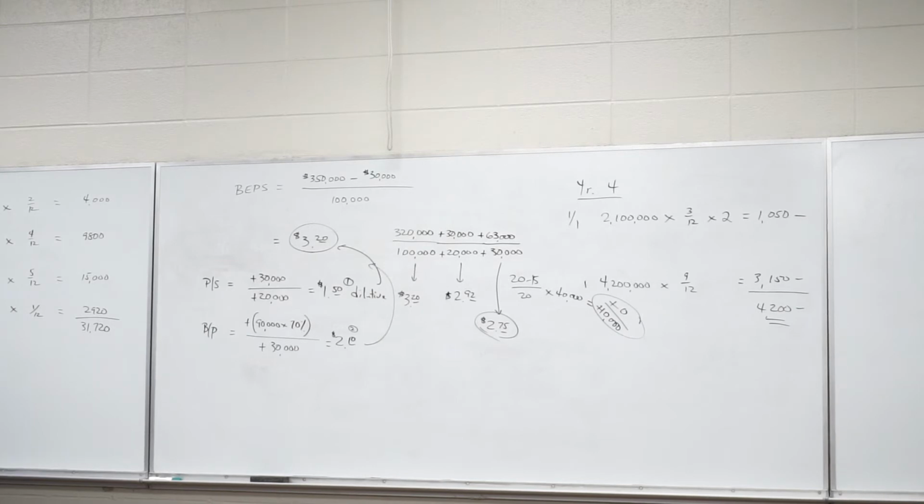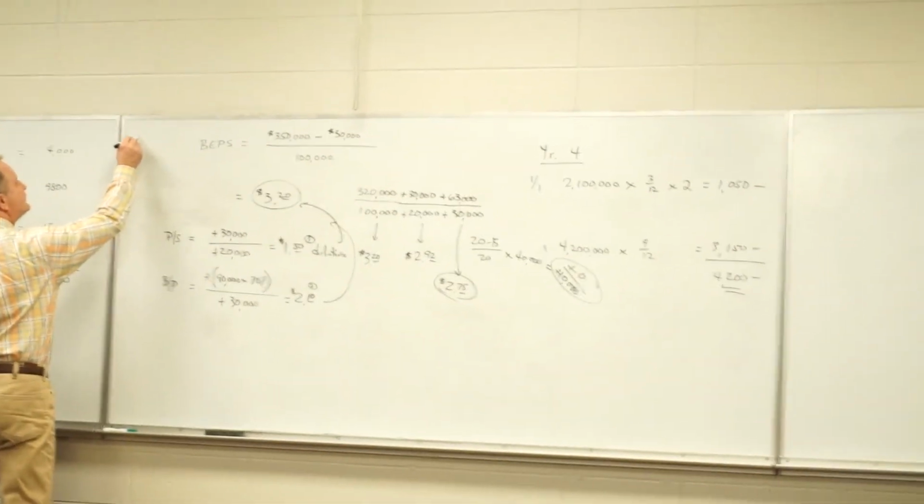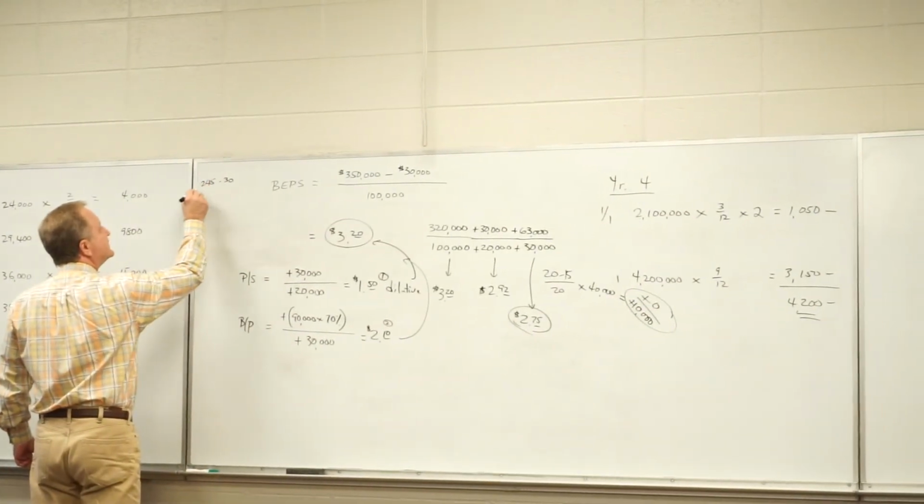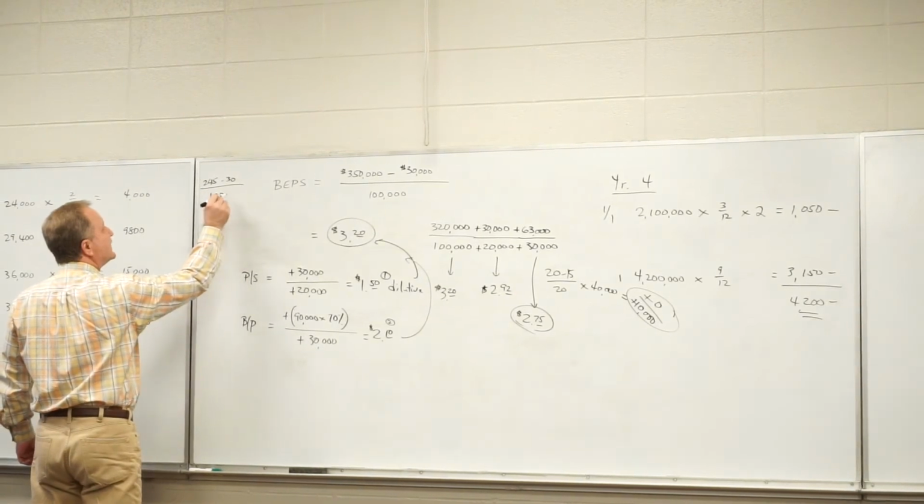Okay, look at number 14. If net income for year 5 was $245,000, what would diluted EPS be? Well, that would mean you got to go back and say 245 minus 30 divided by 100,000.